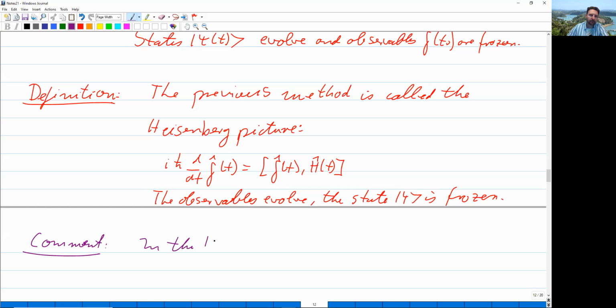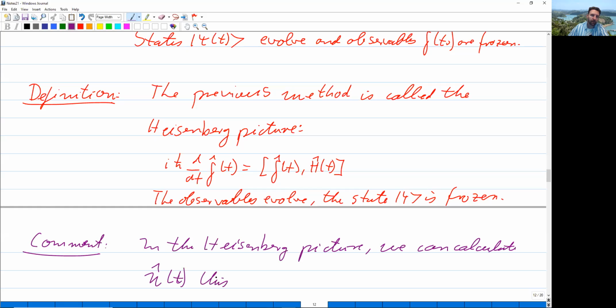In the Heisenberg picture, we can calculate, if we want to, the time evolution operator this way.